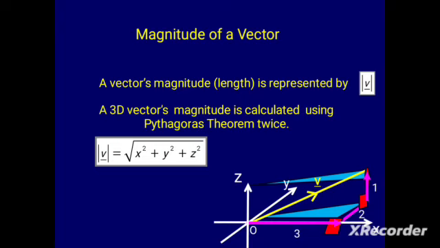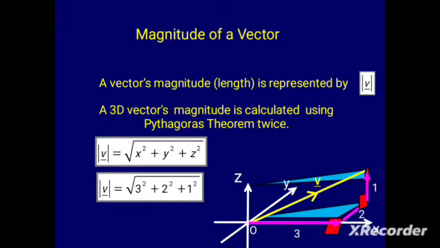So the magnitude of vector v is the square root of x squared plus y squared plus z squared. For x we have 3, y is represented by 2, and z is represented by 1. So the modulus of vector v is equal to the square root of 3 squared plus 2 squared plus 1 squared.